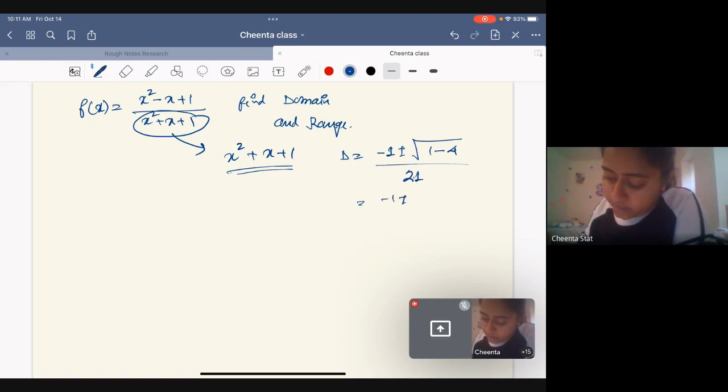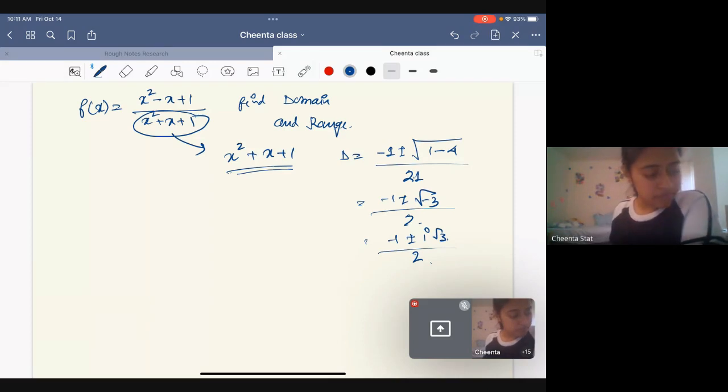So this is minus 1 plus minus root minus 3 by 2, so it has complex roots. So in the real domain, you can't find any value of x which will make your denominator 0.